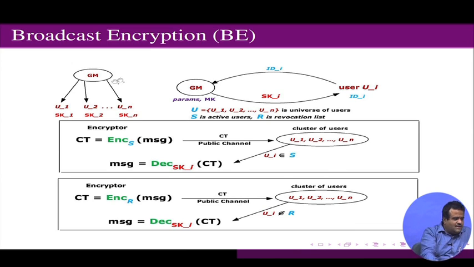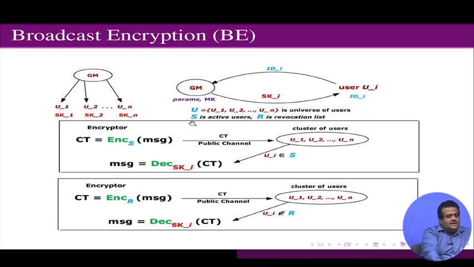There is a group manager and there are some users, and each user has some secret key, SK1, SK2, SKN like this. Now, how does a user get this secret? The user Ui sends its identity to the group manager and the group manager sends the secret SKi to user i. So, this is the set of users, the universe of users.